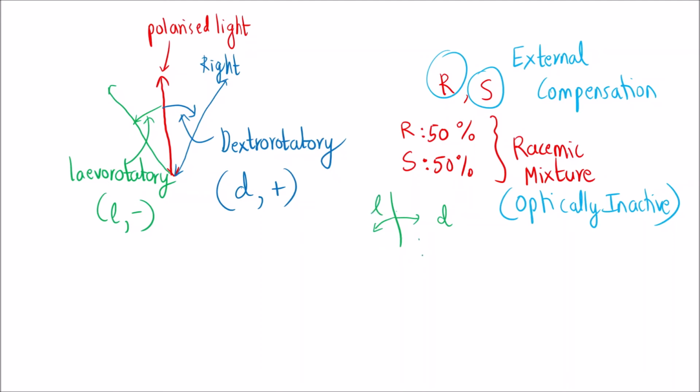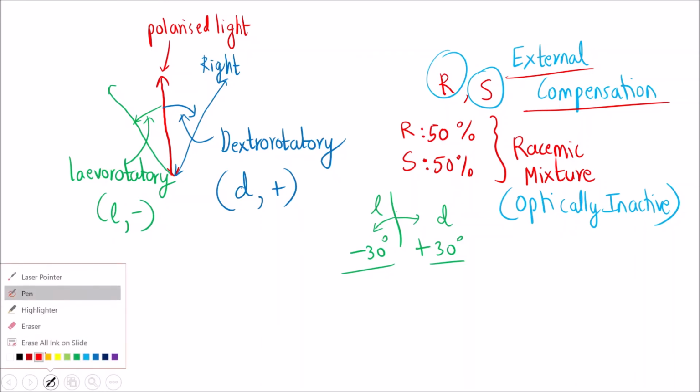So suppose one is rotating the plane polarized light by, let's say, 30 degrees, the other will rotate the plane polarized light by minus 30. So the overall result will be that it is optically inactive. This is called external compensation. Whereas we will see in the next video, in meso compounds there is the presence of internal compensation. So we will see that later on.